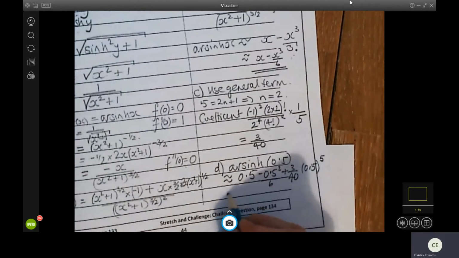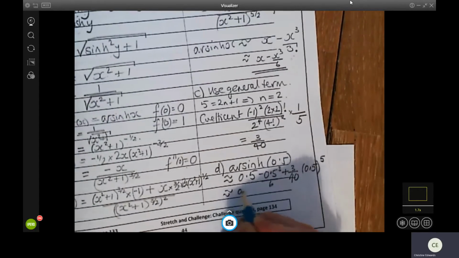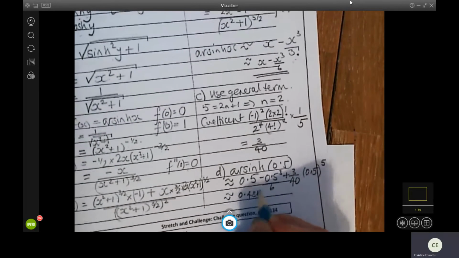So if we put all that in our calculator, we get an approximation of 0.48151.